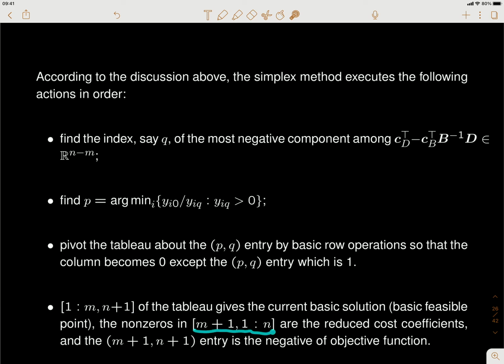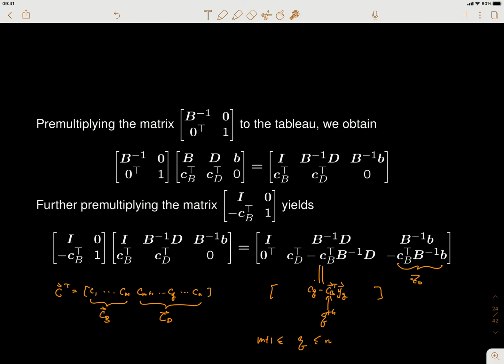Similarly, the first n components of the last row of the tableau, which has n plus 1 components, give us the new reduced cost coefficients, the C coefficients. And the last entry of the tableau is the negative of the objective function value, as we showed earlier. So this vector is the new basic solution, this one is the new C, and this part without the negative is the current objective function value.